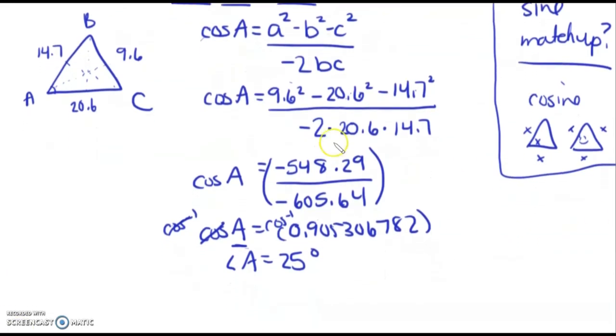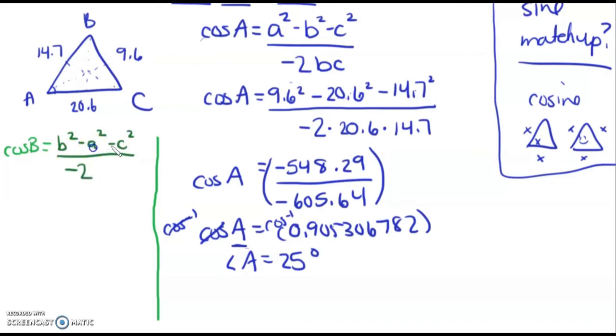Okay, so now that we have angle A, let's solve for angle B. So we're going to have cos B. This time, because we're solving for B, we need b as the first side length, and then we're going to subtract the other two. So b squared minus a squared minus c squared over negative 2, and then it's going to be the subsequent ac.